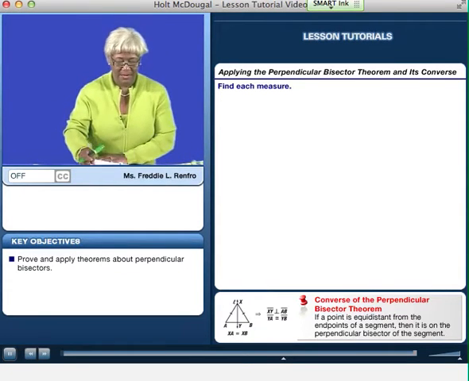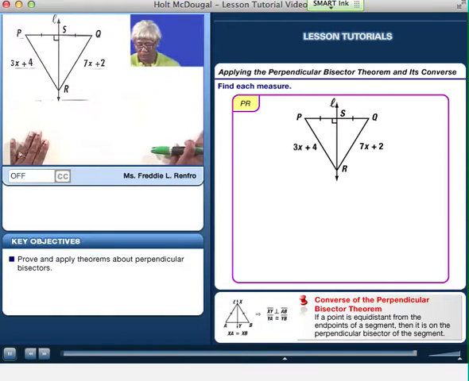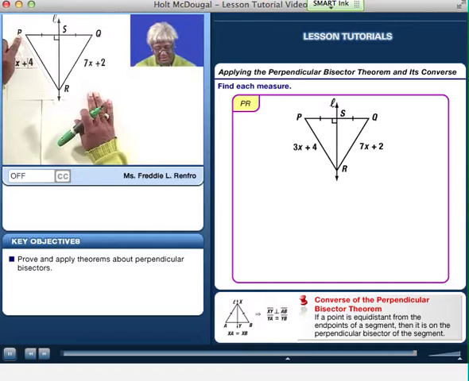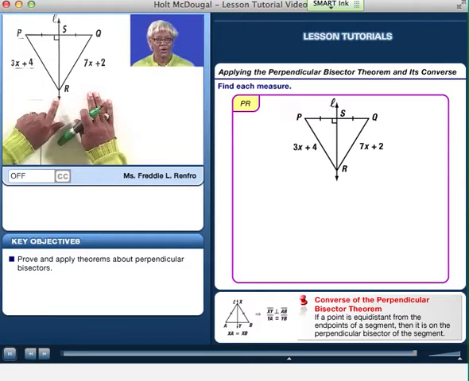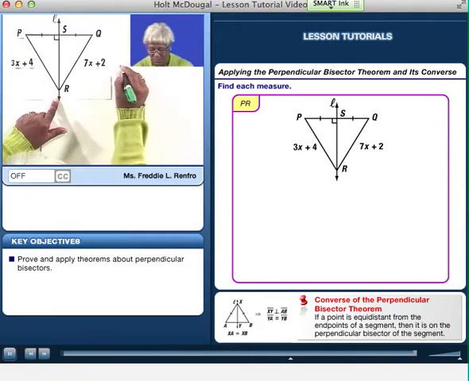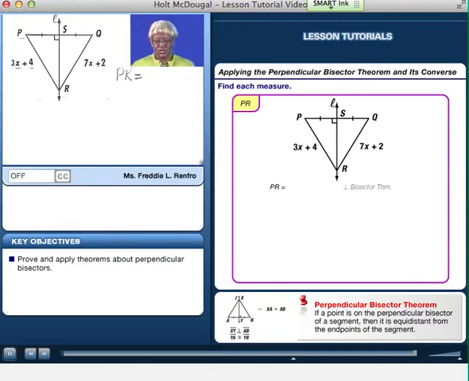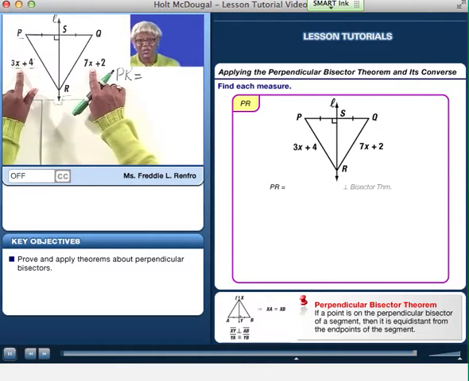Okay, this time we're being asked to find PR. I'm going to go ahead and write this down. PR. What is PR equal to? Well, if I knew X, I could substitute in place of X and find PR.